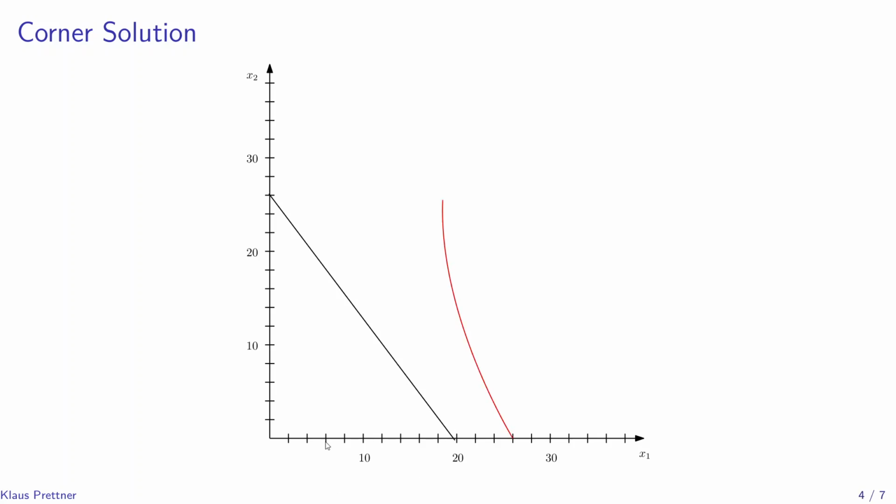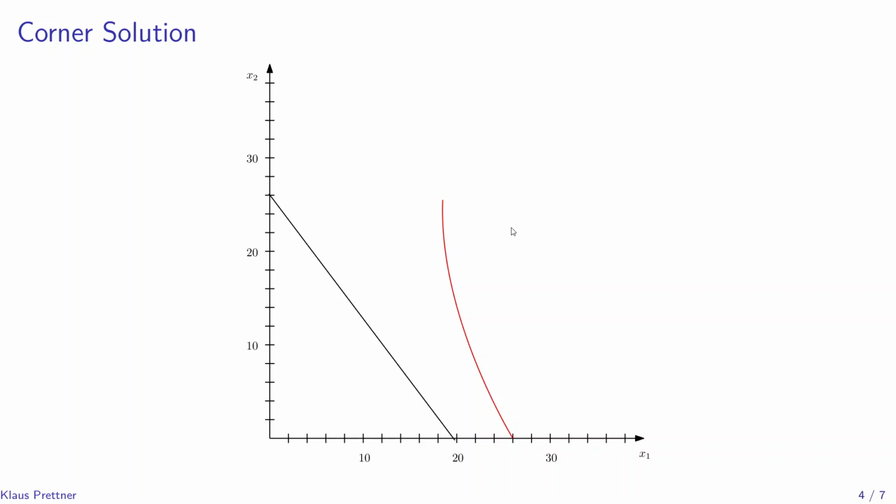Now, as you know from utility maximization, what we would do is we would like to get to the indifference curve that is farthest away from the origin, but still has one point on the indifference curve that is affordable. So that's usually an indifference curve somewhere here, where we have one consumption point at which we consume both of the goods.